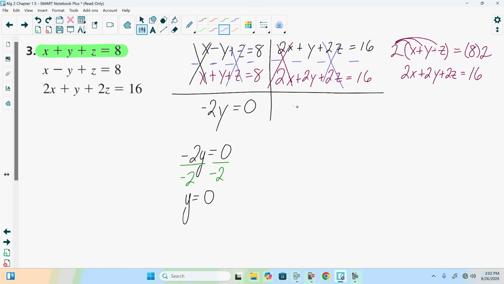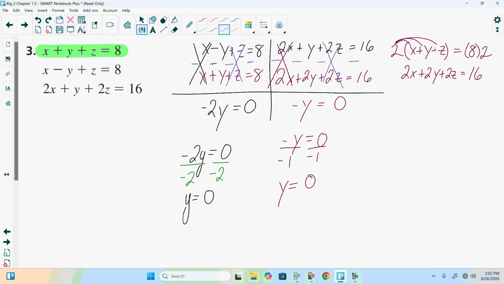Y minus 2y would be negative y. 16 minus 16 is 0. So it told us exactly what we knew already, yes?